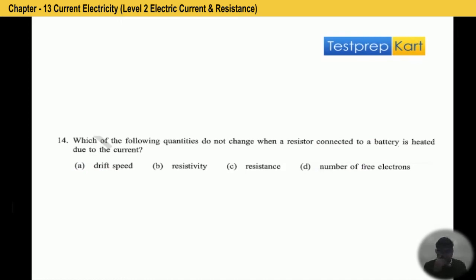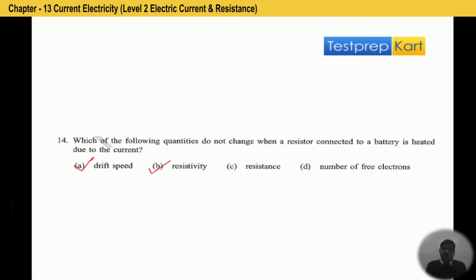Okay, next question. Which of the following quantities do not change when a resistance connected to a battery is heated due to the current? So when we heat the resistance, definitely its drift speed changes, because in the expression of drift speed we get the temperature.